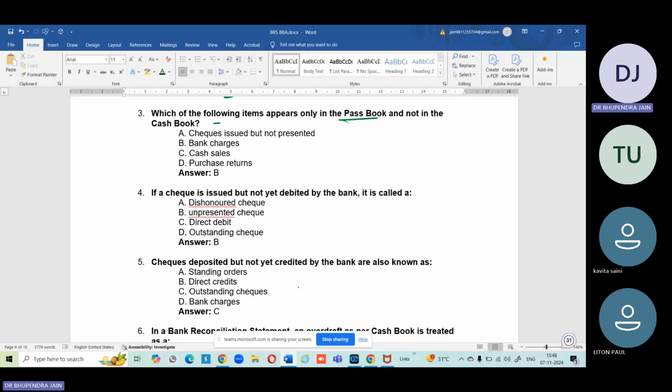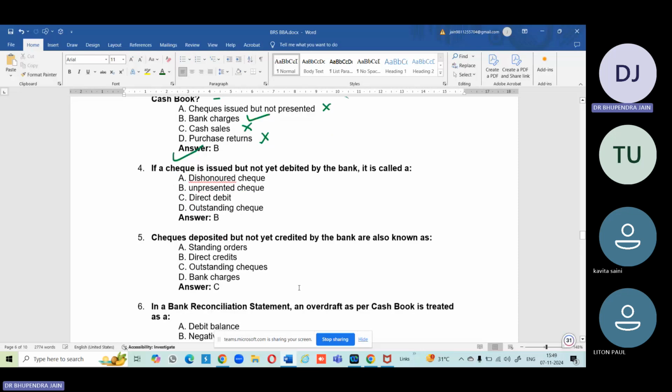Interest allowed by the bank, so definitely the accountant doesn't know whether the bank has paid interest to me or not. Almost two types of entries are the most related transactions. Check issued but not presented, no. Bank charges, yes. Cash sales, no. Purchase return, no. So correct answer is B.